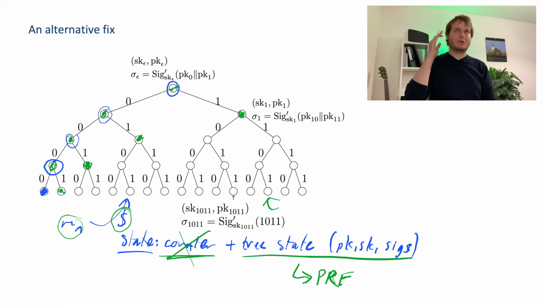The one bad event that you need to condition on is this collision event, that two different messages, so two different signature queries, were randomly mapped to the same leaf node. But you can upper bound this. For example, you can upper bound it using this birthday paradox theorem that we will see next week, I think, which will tell us, if we do random choices for stuff, how many random choices we need until we collide with something.